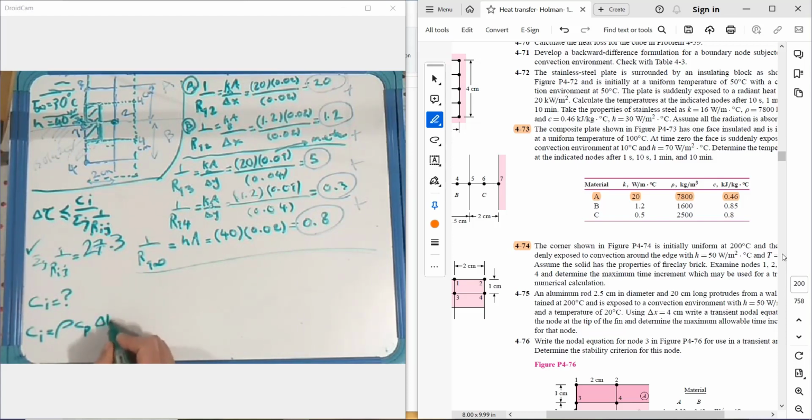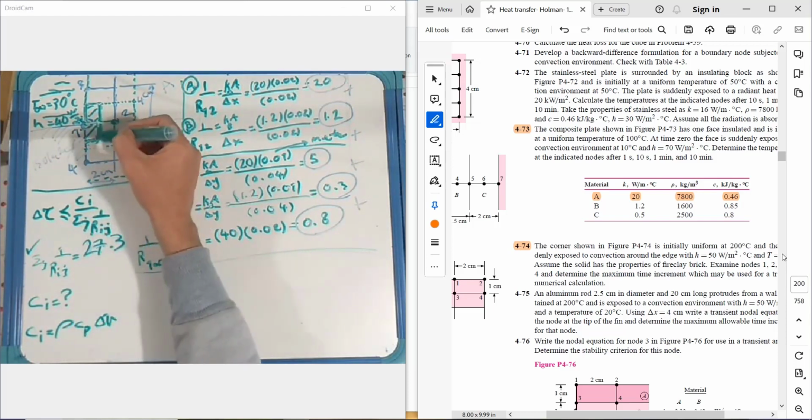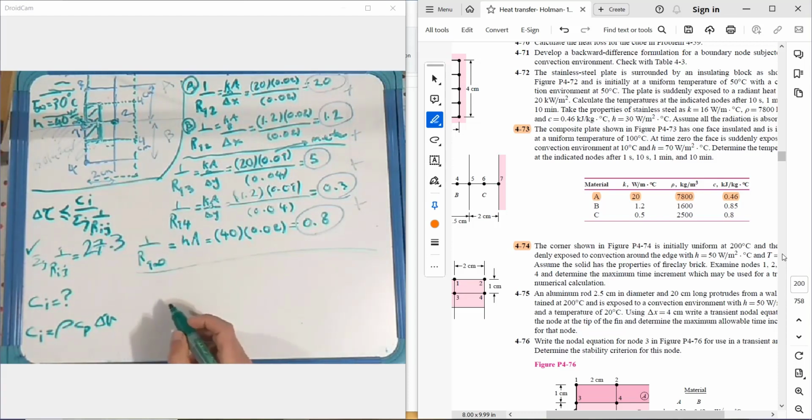And delta V, where V is the volume of each element. You can see in the table on the right side of the window everything about density and Cp, and we don't have delta V, but we can calculate it from the picture. So let us do it.